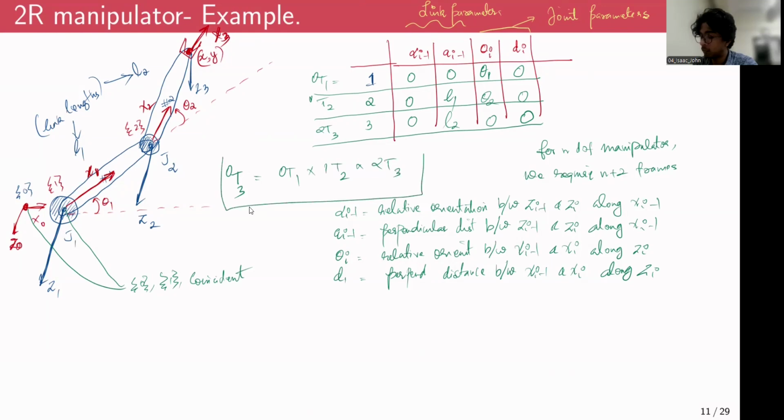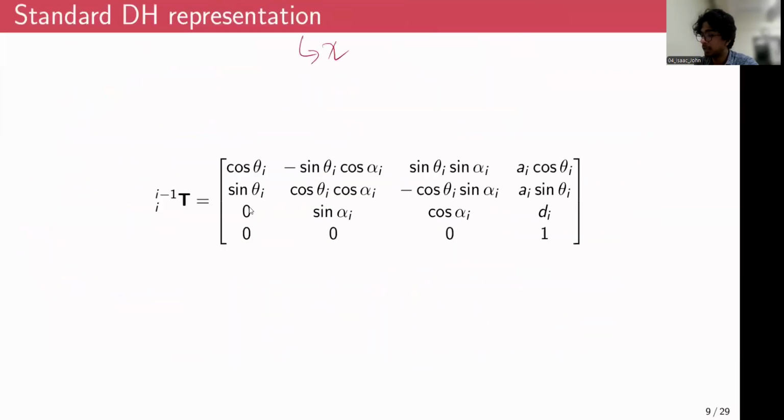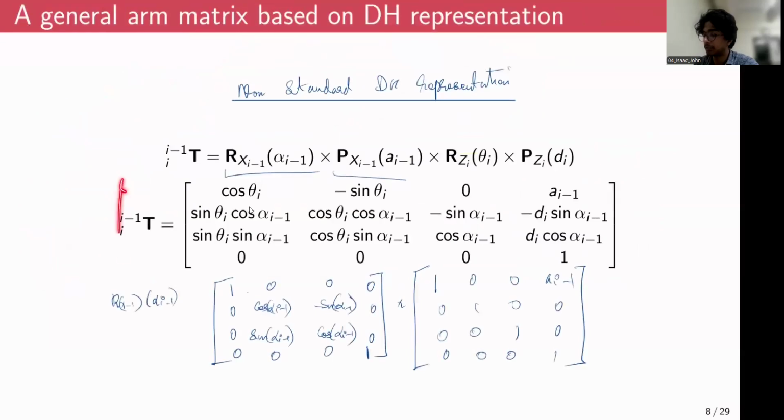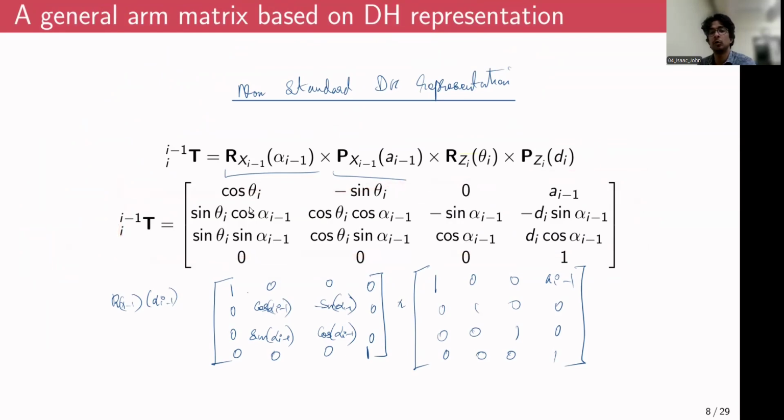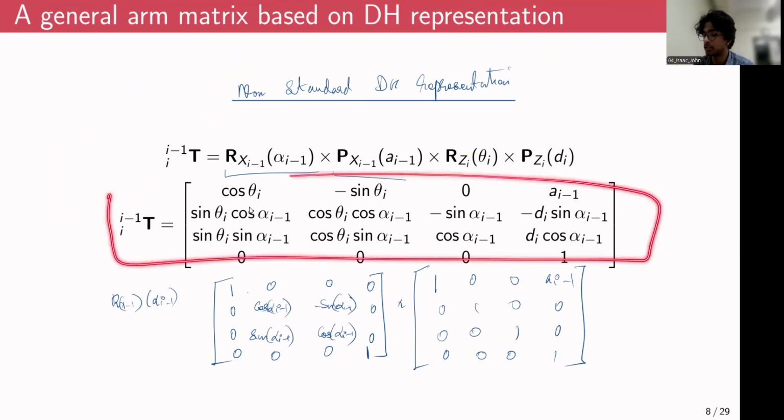This will give you the transformation between the ground fixed frame, the 0th frame, and the end effector frame, which is the third frame. So what you have to do is plug all these individual parameters into this big transformation matrix. For every subsequent transformation, you borrow the DH parameters from the DH table and substitute them into this matrix.